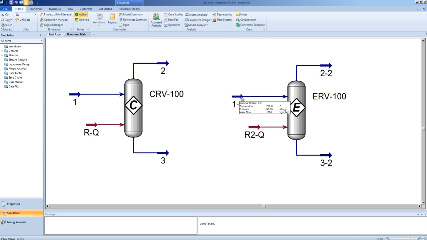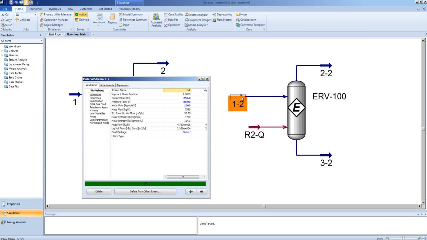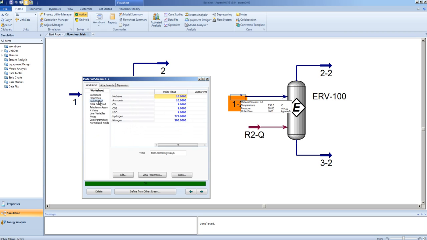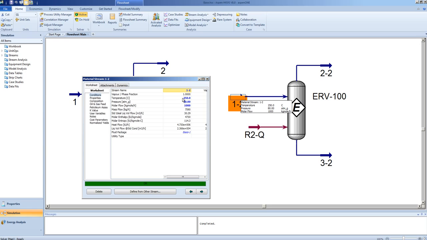Note also that this reactor, like the Gibbs reactor, is sensitive to changes in temperature and pressure.